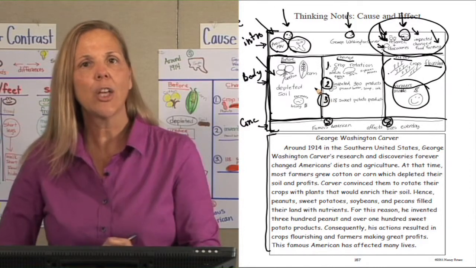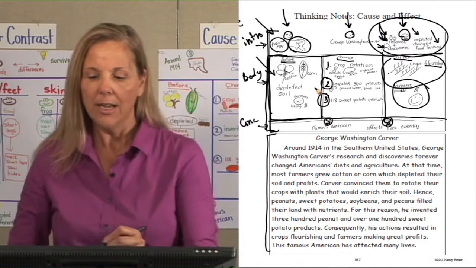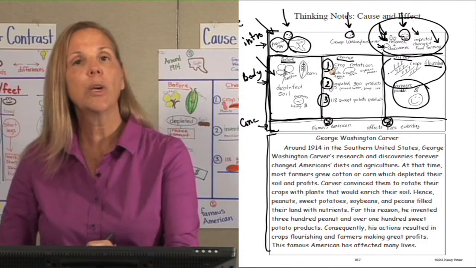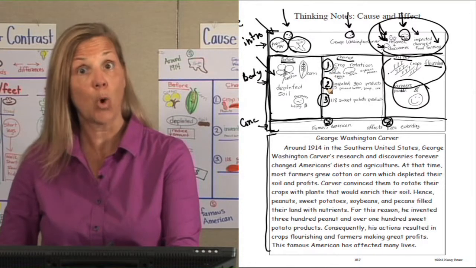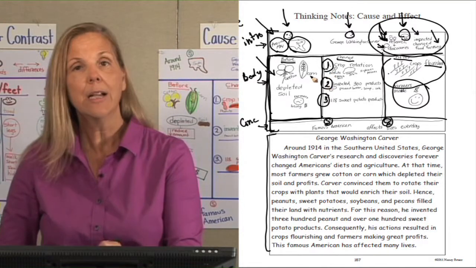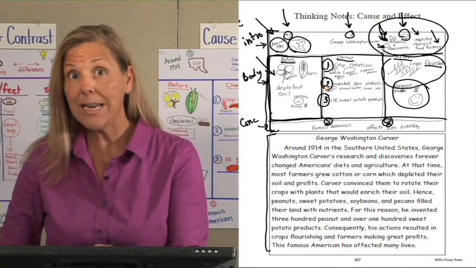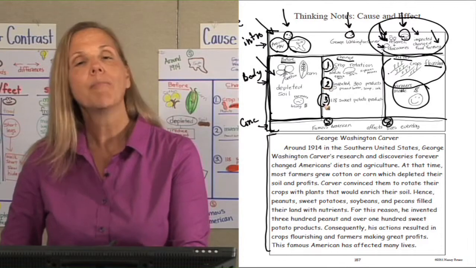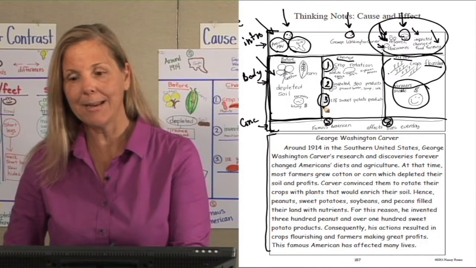And we identified those as key reasons that caused this change. At that point, we have our 3 key reasons: crop rotation, and then taking those new types of crops that farmers didn't traditionally grow and coming up with many different products, so the public would have a need for those products and buy them.